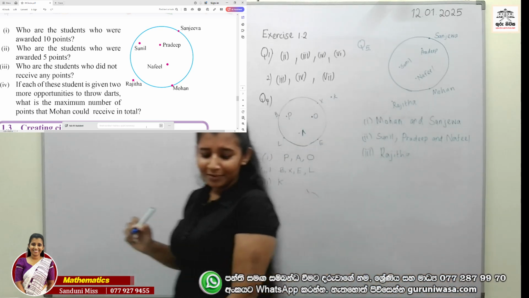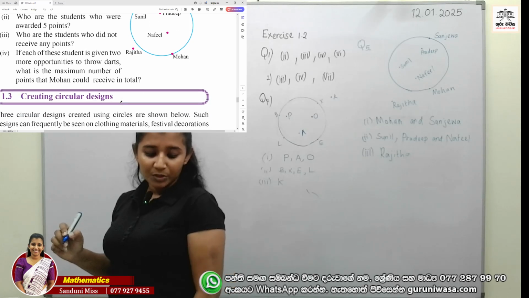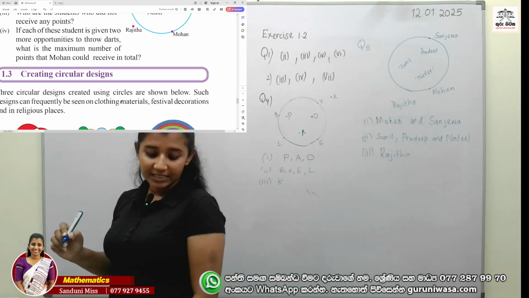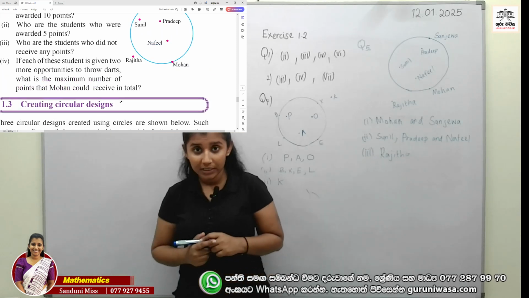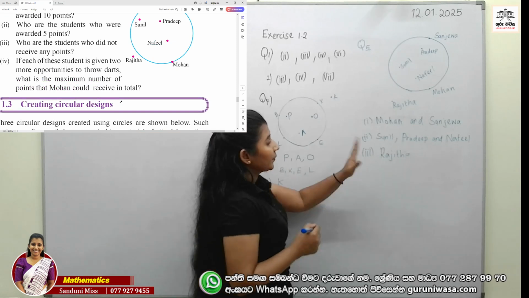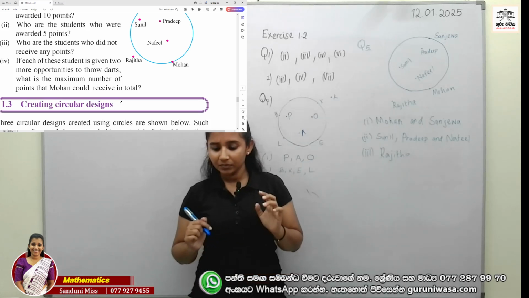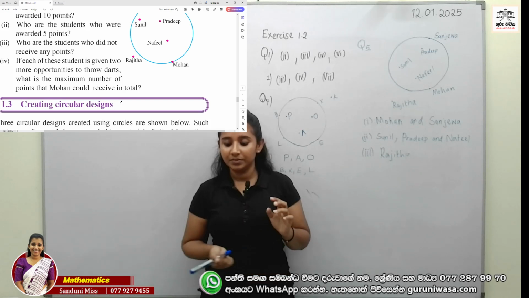And then, if each of these students is given 2 more opportunities to throw darts, what is the maximum number of points that Mohan could receive in total? Now, what happens? They will get another 2 more opportunities.